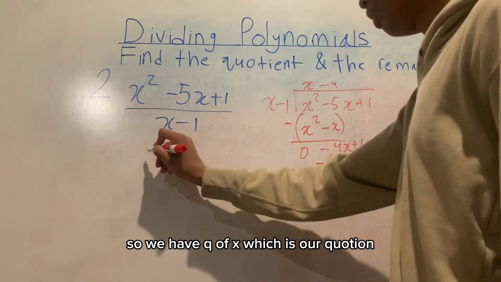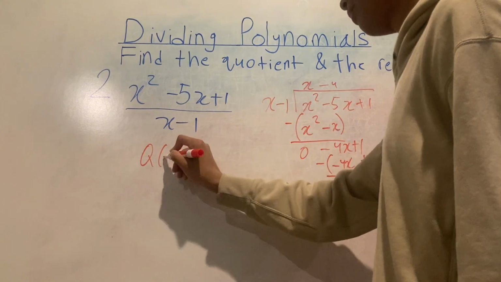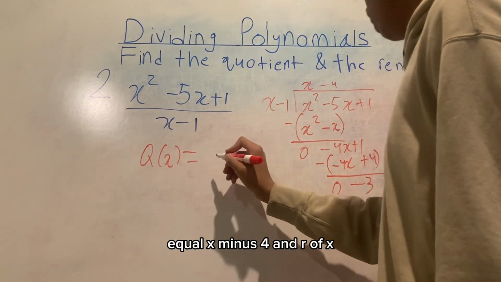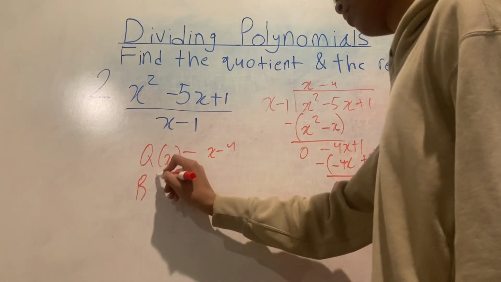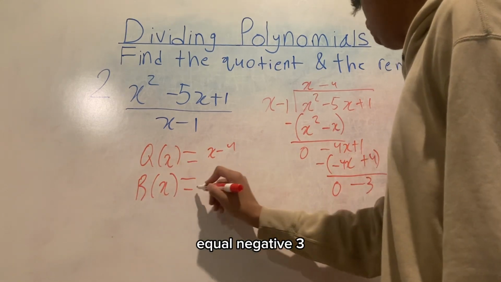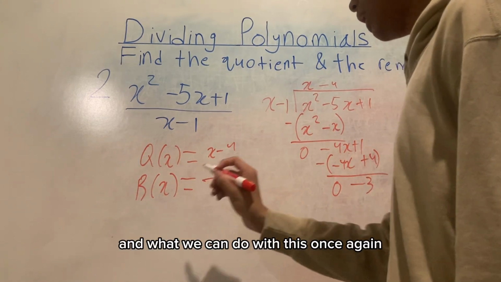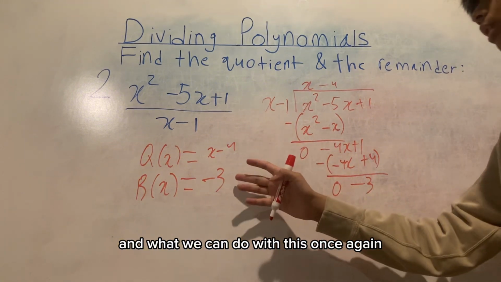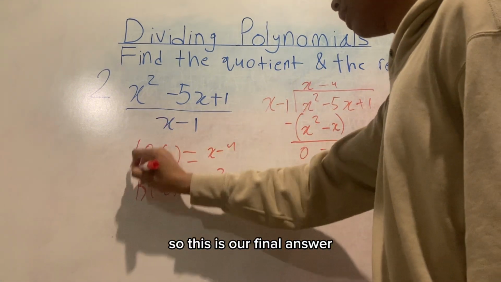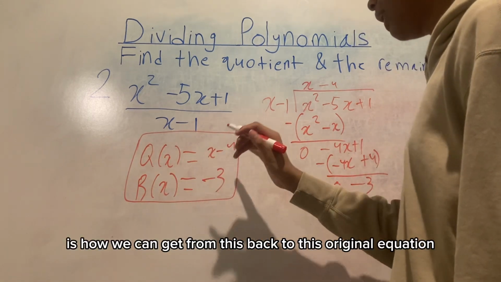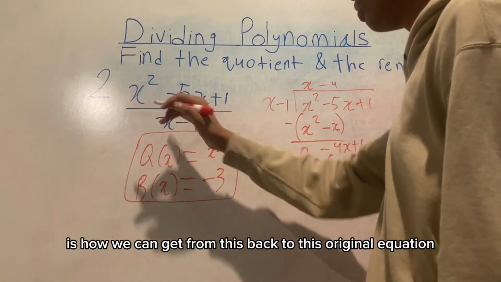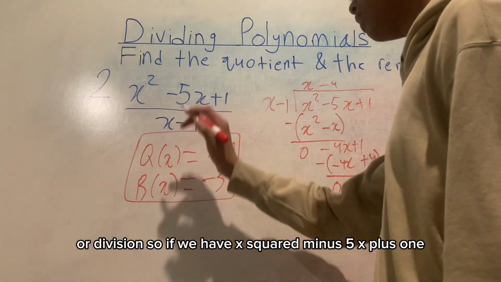So we have q of x, which is our quotient, equal to x minus 4, and r of x equal to negative 3. This is our final answer, but something we can do with this is get from this back to the original division.